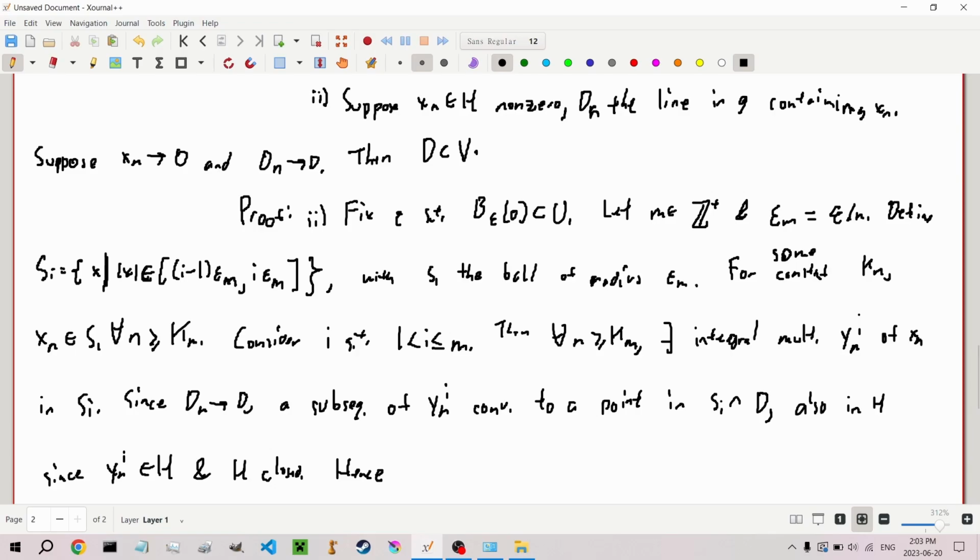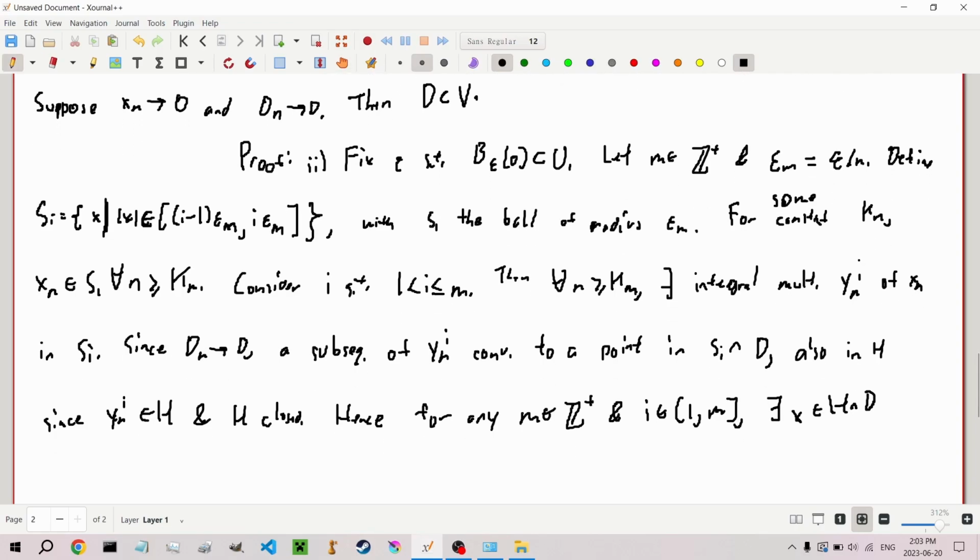Hence, for any positive integer m and i being greater than 1 and at most m, there exists an x in H intersection D such that the absolute value of x lies between (i minus 1) epsilon_m and i epsilon_m.